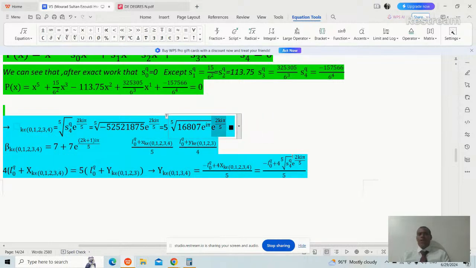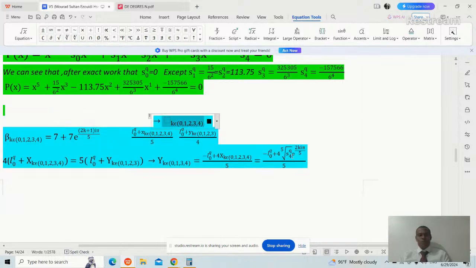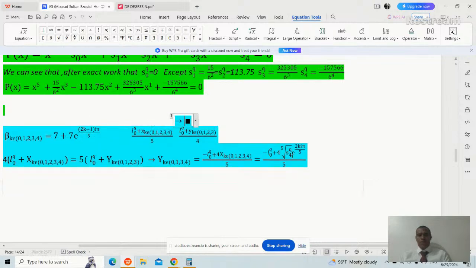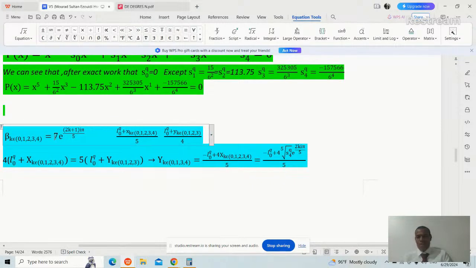Now, learners, you are going to find the roots of the new polynomial to the power 5. Okay, let's say alpha subscript k, where k belongs to 0, 1, 2, 3, and 4, equal. I will write you the formula.